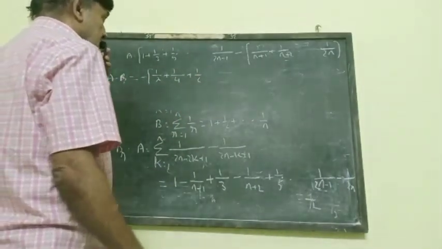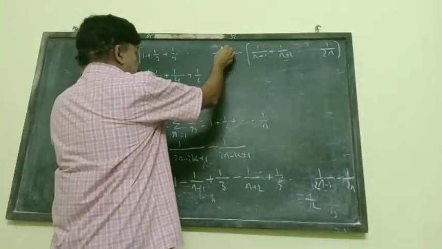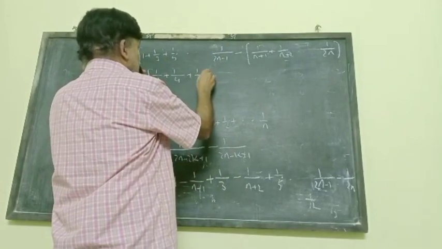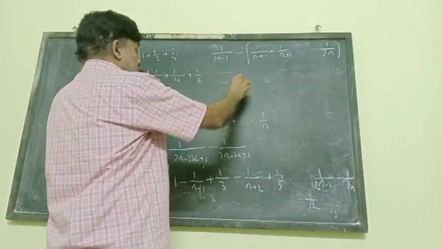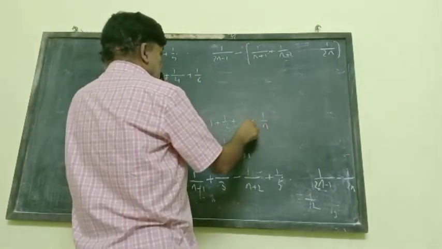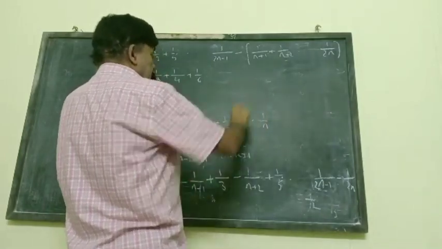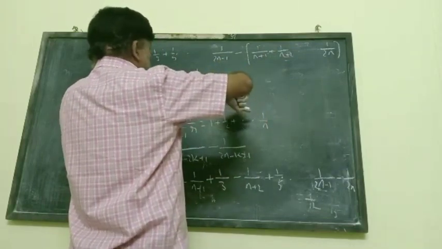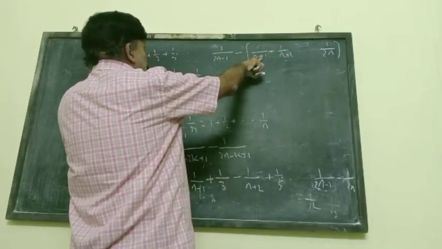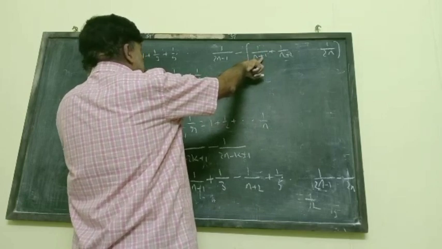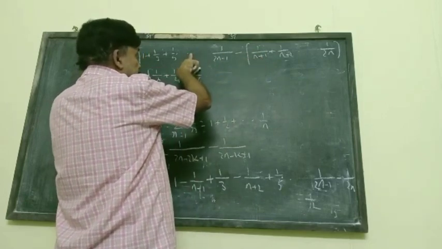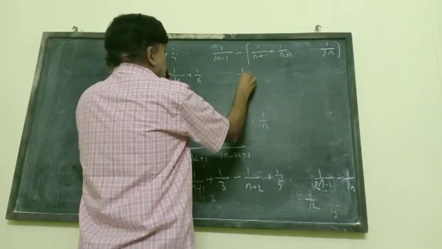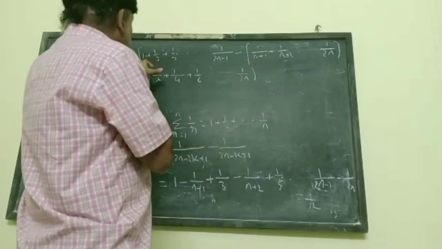Now, you are having up to 1 by 2n minus 1 there. Somewhere here, up to 1 by n all will cancel. Then some n plus 1 terms will cancel with the n plus 1 terms here. Finally you are going to get 1 by 2n. Here all odd terms are there.